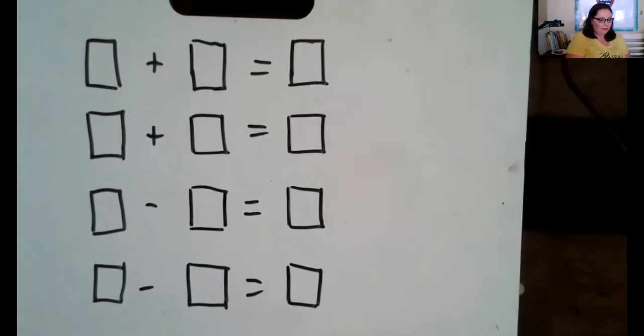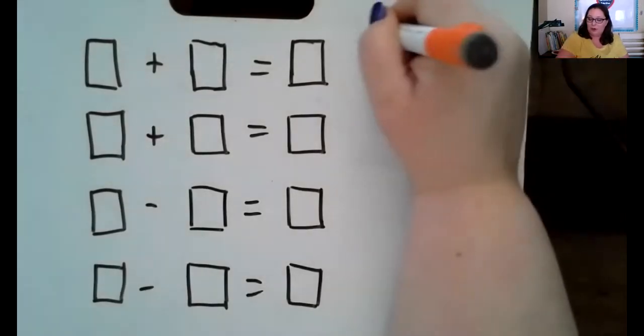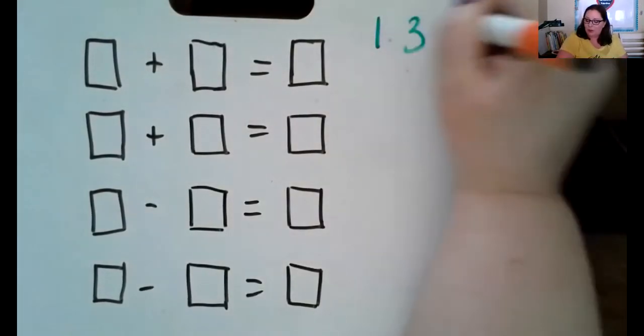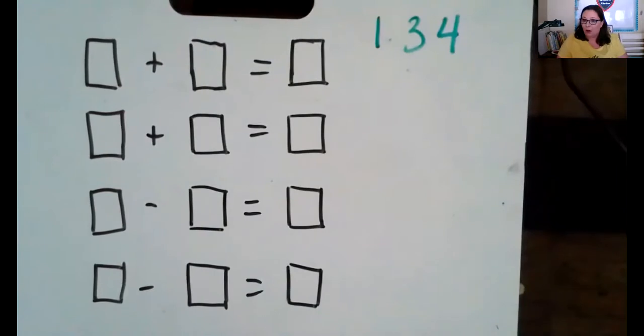All right, so fact families: we're given 3 numbers. For example, if I give you the numbers 1, 3, and 4, we're only going to use those 3 numbers. There's not going to be any other number in there.